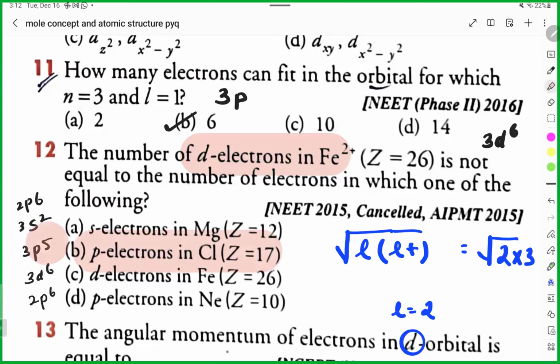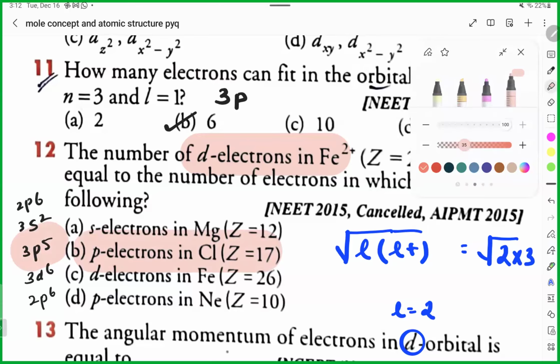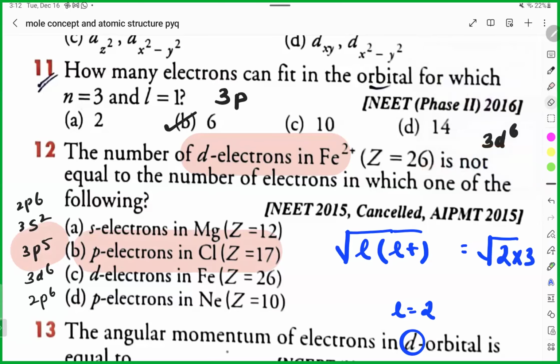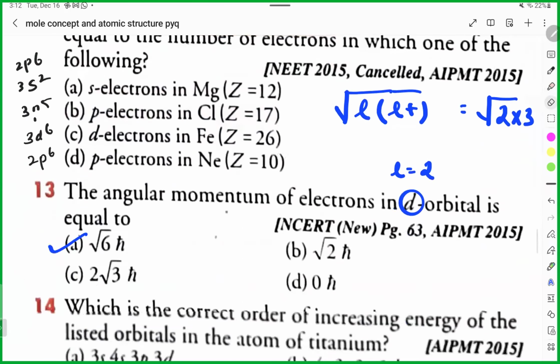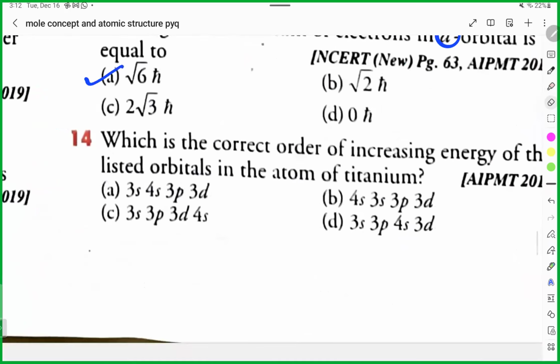Because why? 5. Yes or no? In p, you have only 5. Any doubt, Pratigya? Anybody have doubt in this? No, sir. This is what we are done with.